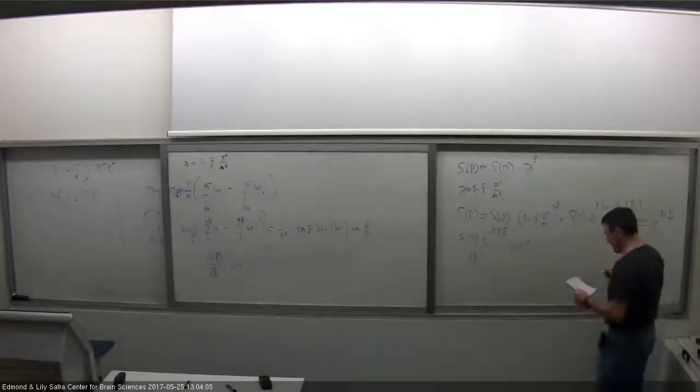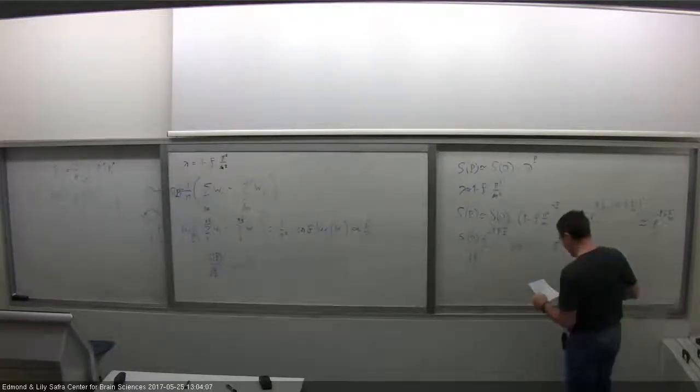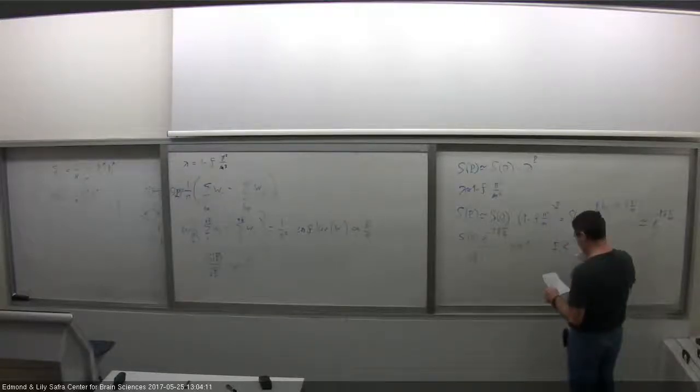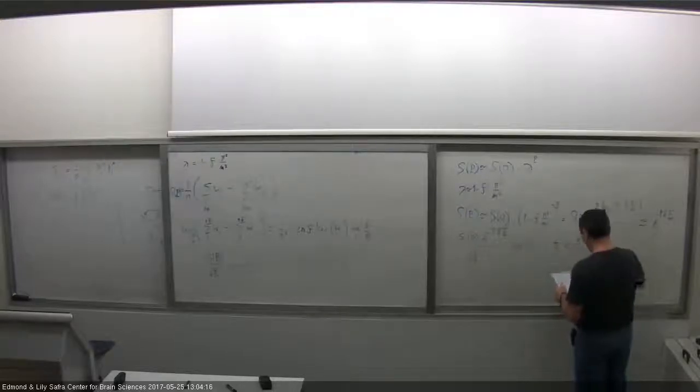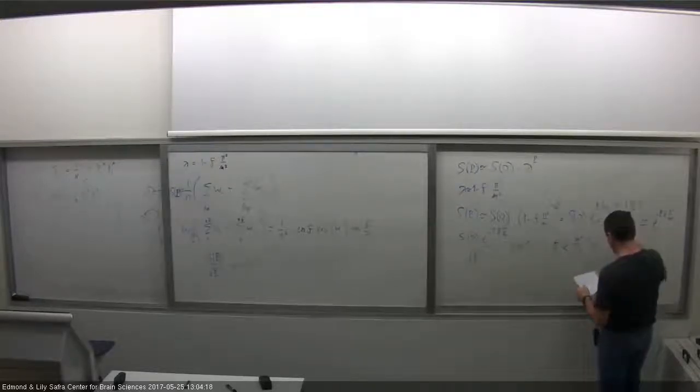And we can rewrite this as p has to be smaller than m squared over pi squared f, the logarithm of s0 divided by square root of f over n.